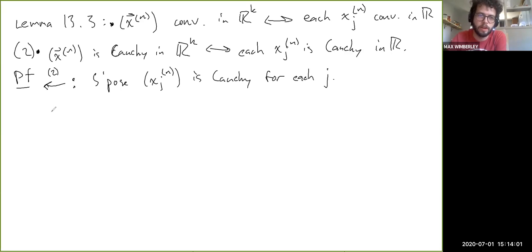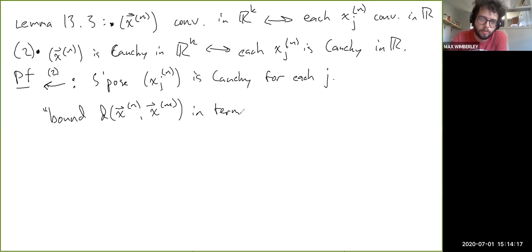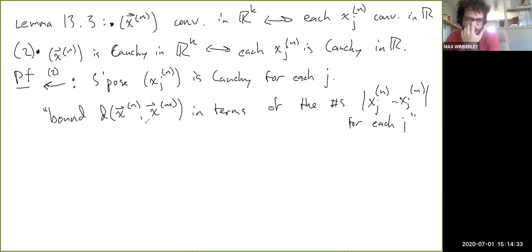Basically, we want to bound the distance from xn to xm in terms of the numbers xj n minus xj m for each j. Okay, this is generally what we're trying to do.